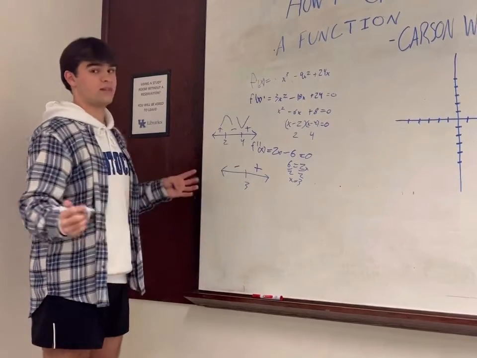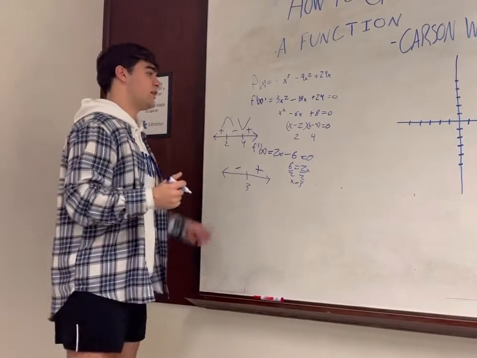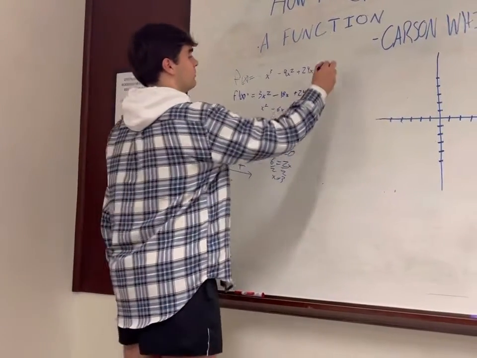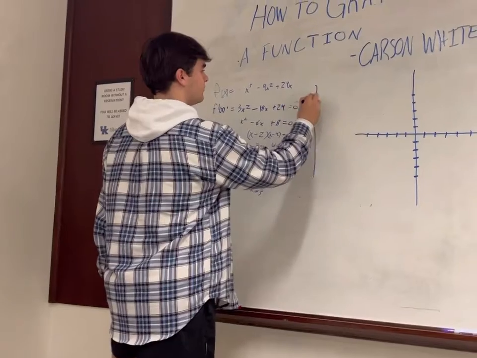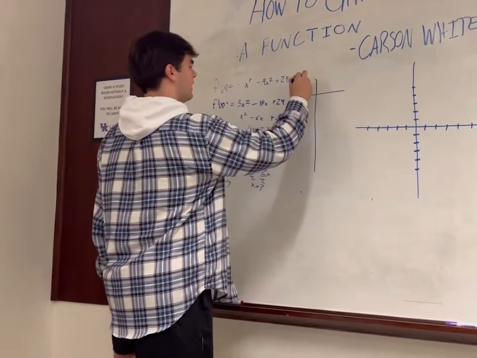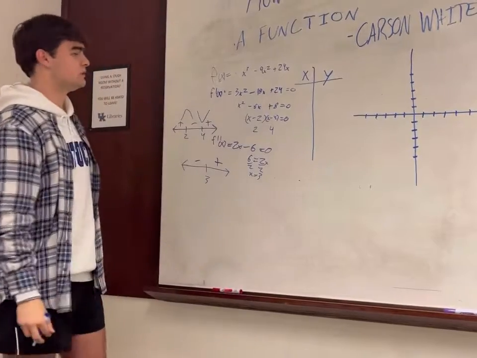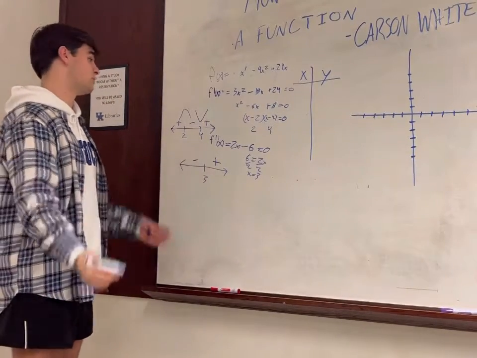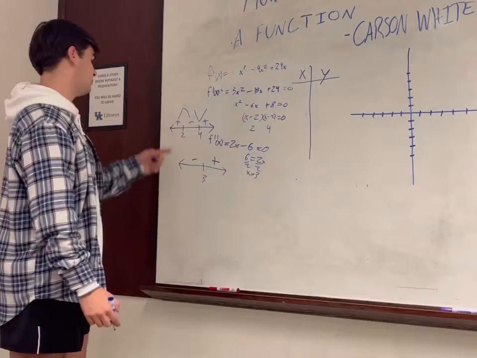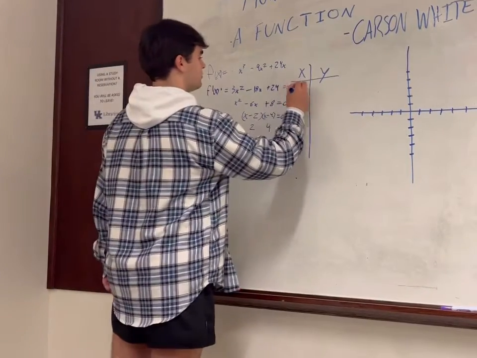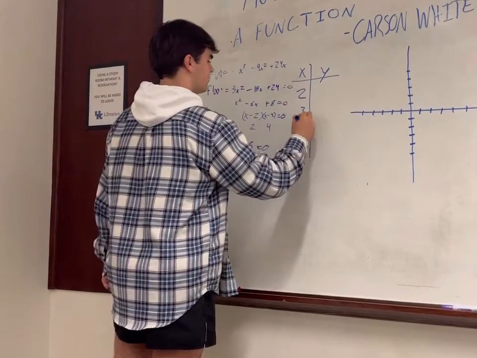So now that we have these things, we can go ahead and make a number chart with our x and y values. So this is on an open interval. We're going to just start with these 3 numbers here. So we have 2, 3, and 4.